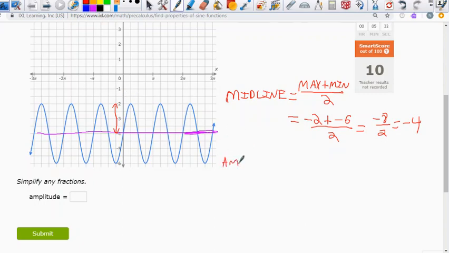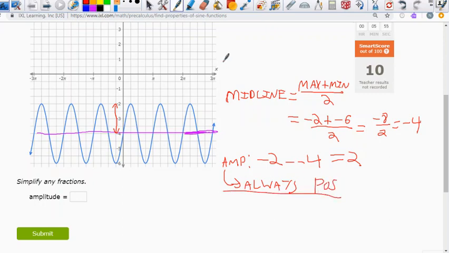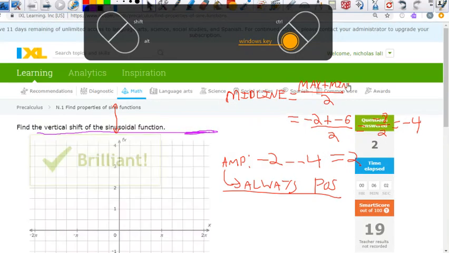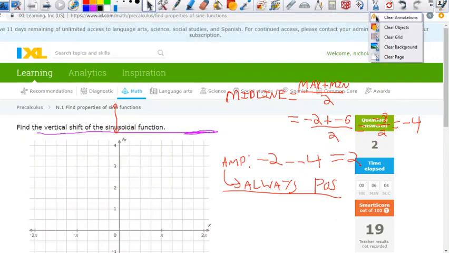So negative 2 minus negative 4, that's equal to 2. Our amplitude is always positive. So our amplitude is equal to 2. Great.